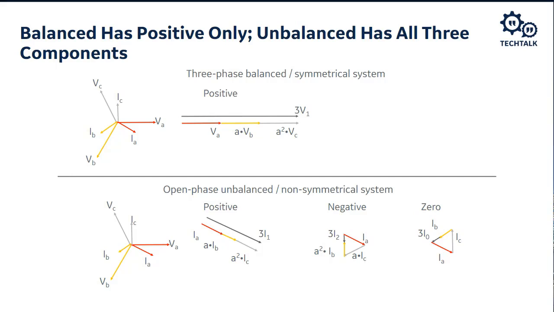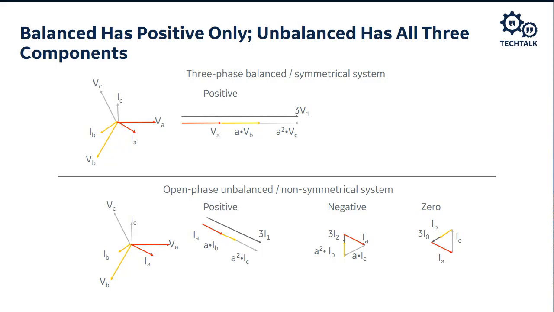So those two are going to sum. And then I take IC and I shift it by 240 degrees, and it's going to be in phase with A phase. And so those three sum to the positive sequence quantities.